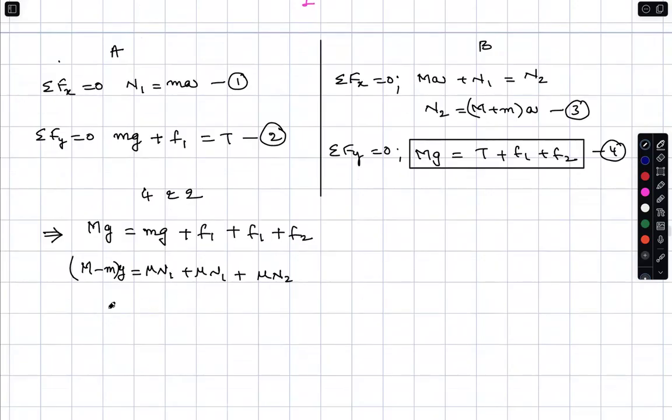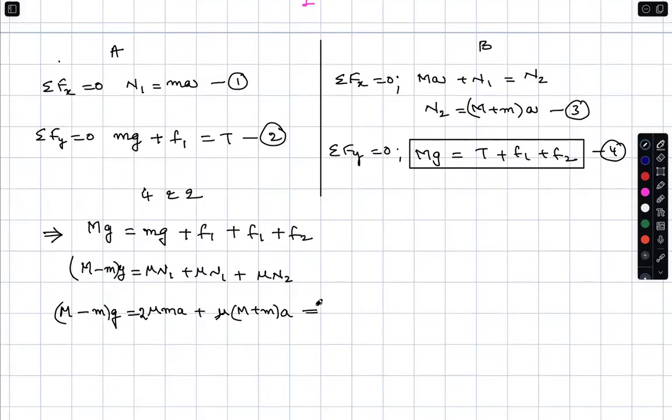So therefore, this is nothing but capital M minus small mg is 2 mu N1, that is, me. N2 means, just now I have given, N2 means capital M plus small ma.